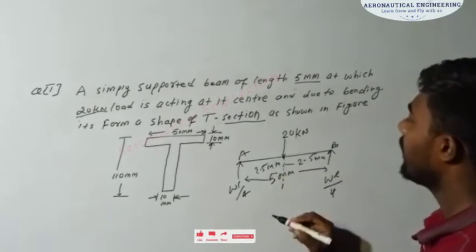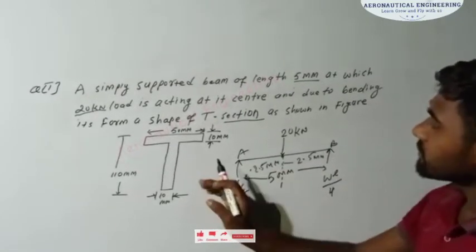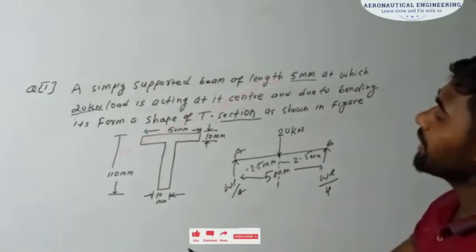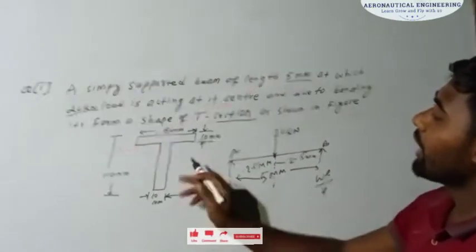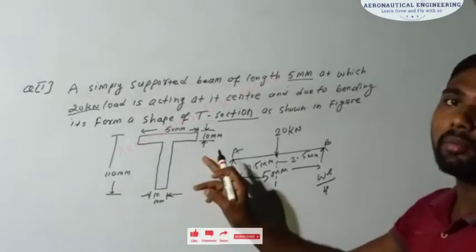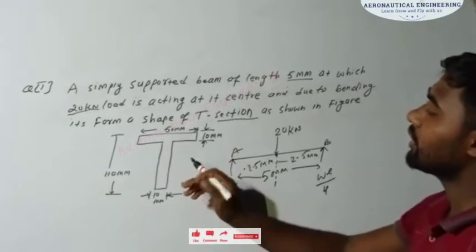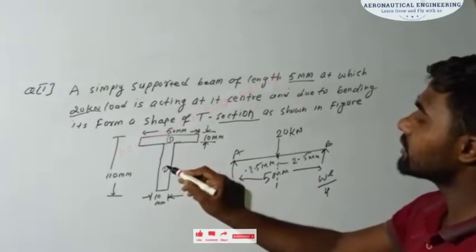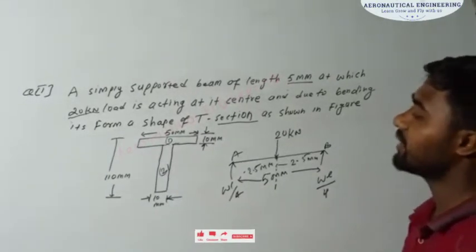As we know, the first step to solve the bending stress by any method is to divide the given section into different sections and find the centroid and moment of inertia for the whole section. So I am taking this as the first section and this one as the second section.